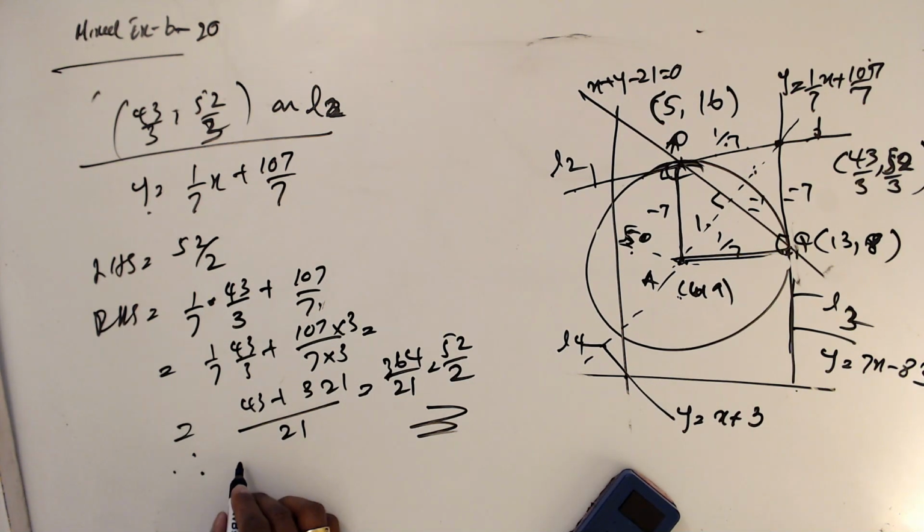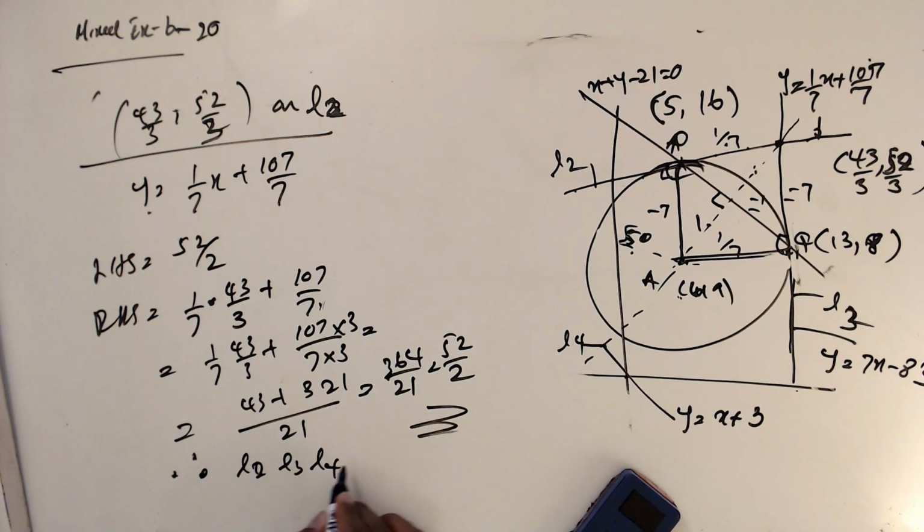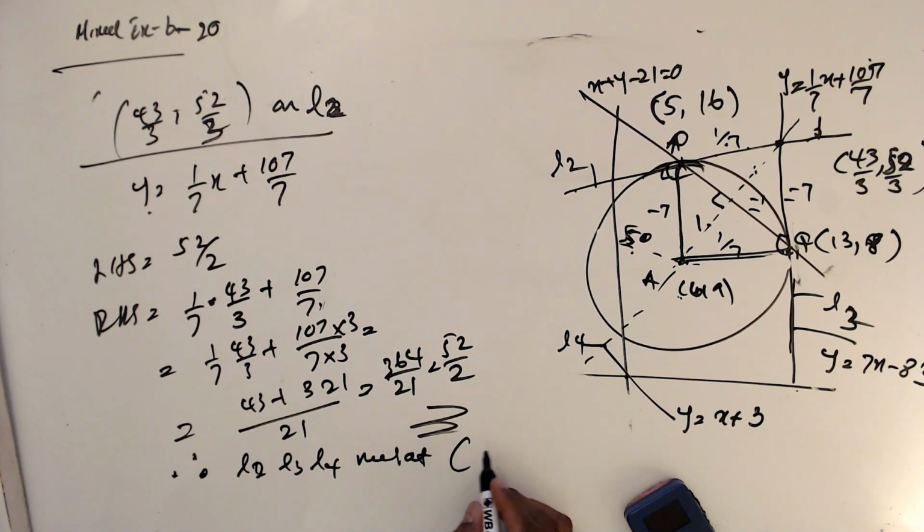Hence L1, sorry, L2, L3, L4 meet at (43 over 3, 52 over 3).